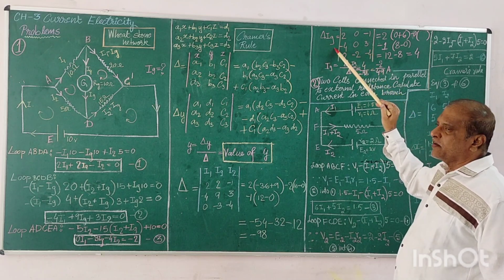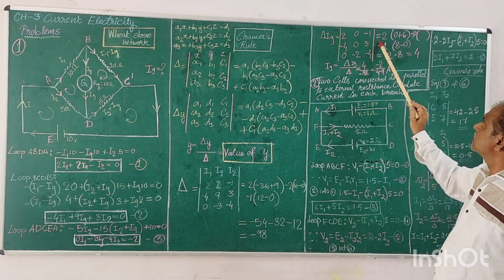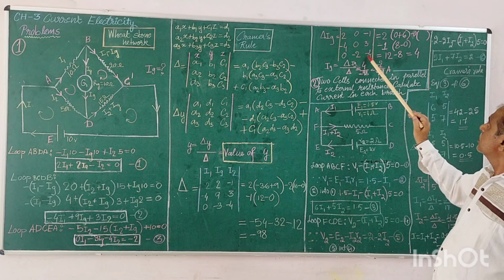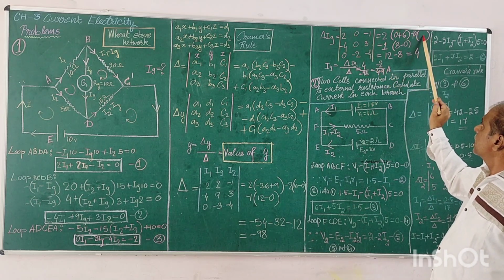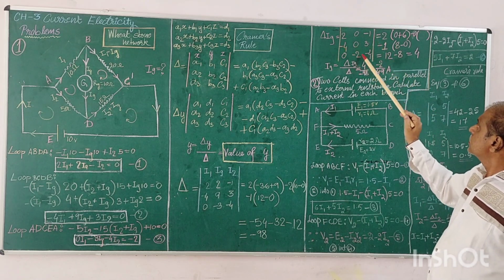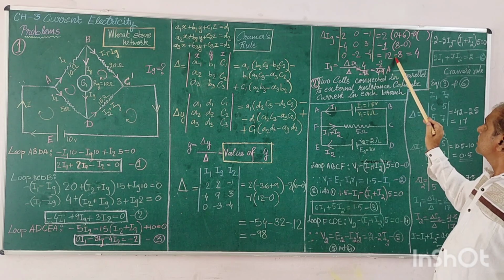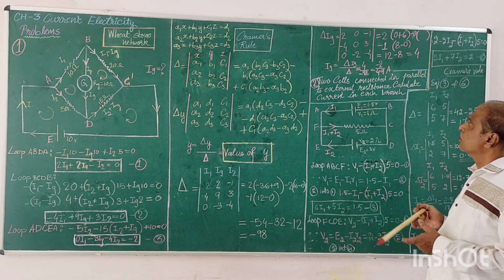Find the determinant, that is delta Ig is 2 into, in the same fashion, this means minus of 0 into anything is 0, not written, plus minus 1 into this minus 1. Simplify, 12 minus 8 equals 4. So delta Ig equals 4.